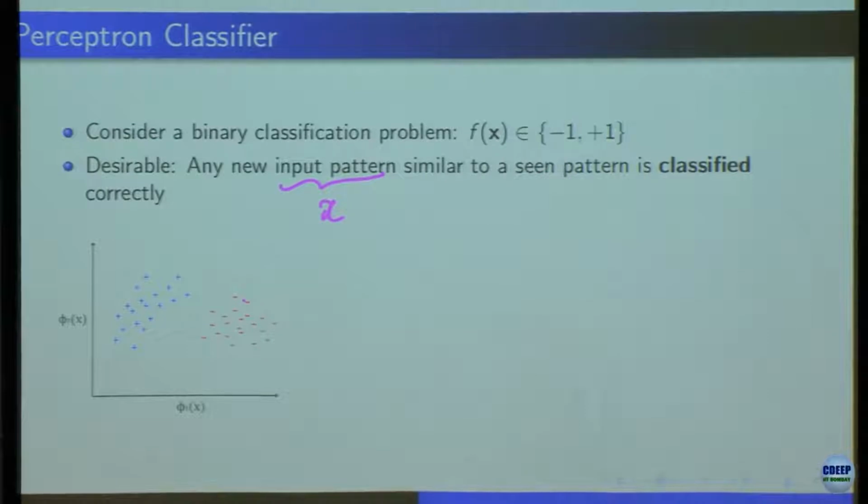So I will learn this classifier such that for my point x, if x happens to be here, then fx is less than 0, and if x happens to be here, fx is greater than or equal to 0. This is for a new query input pattern.